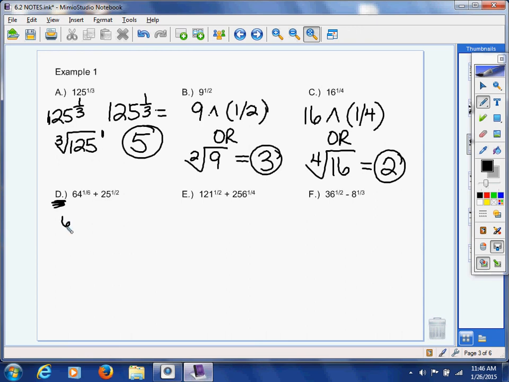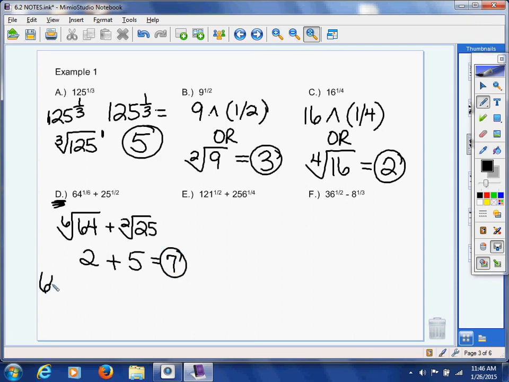And we've got the 6th root of 64 plus the square root of 25. You may not know what the 6th root of 64 is right off the top of your head, but it is 2. You can plug that into your calculator as 64 raised to the 1/6, and 2 plus 5 is 7. So that's exactly right.